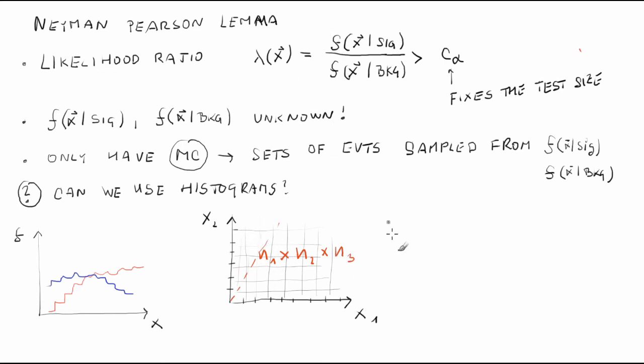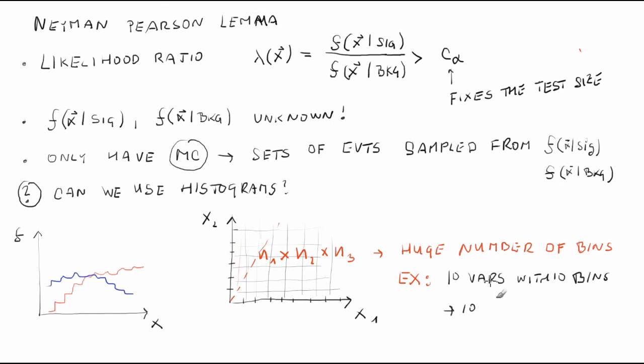The whole point, the number of bins of an n-dimensional histogram is very, very large. A common situation in particle physics can be 10 discriminating variables, each in 10 bins, and this results in 10 billion bins. You will never populate such a histogram with the costly Monte Carlo events.